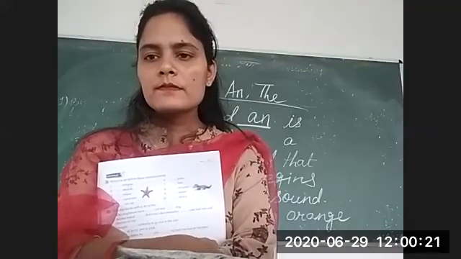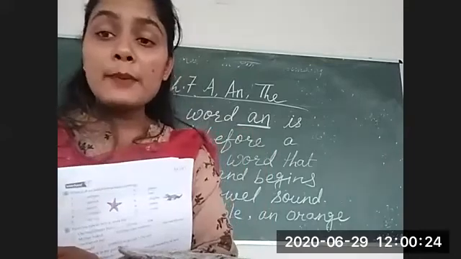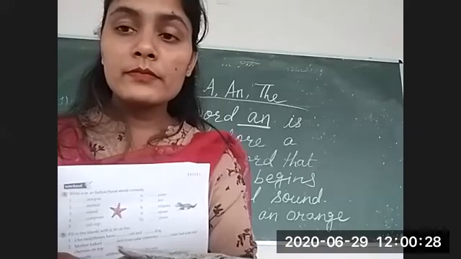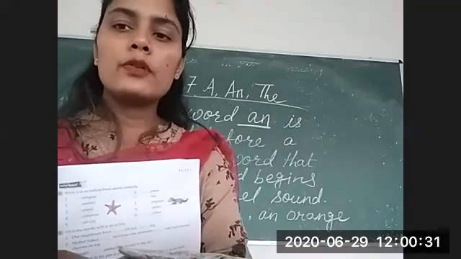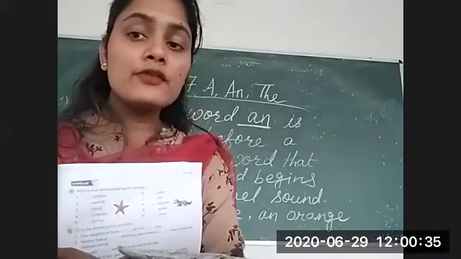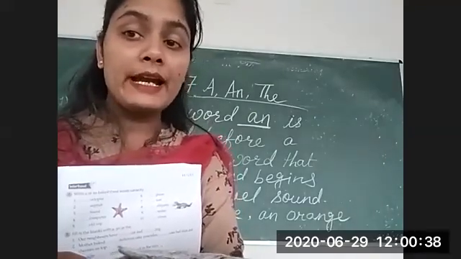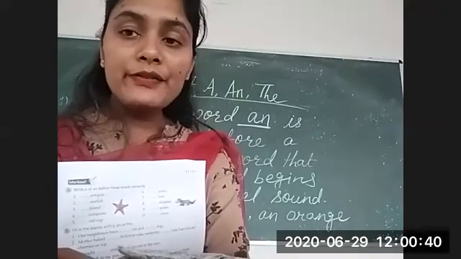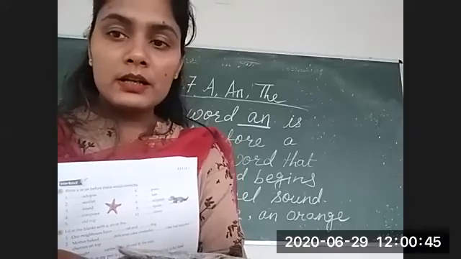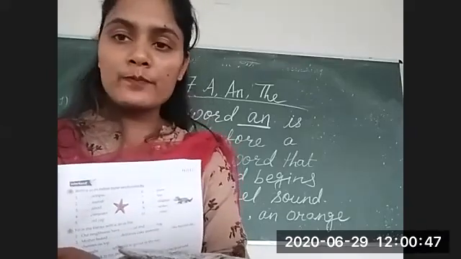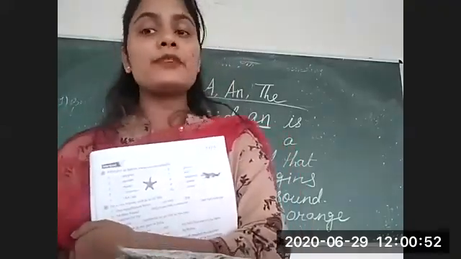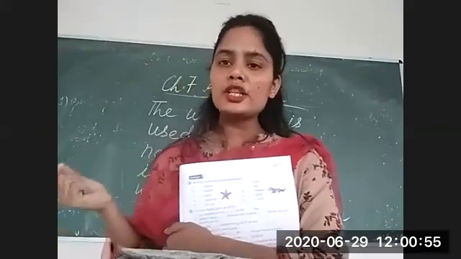Vowel, ma'am. Okay, very good. When you speak elephant, the vowel sound A is coming. The sound A is the vowel sound. So we will use An before it. Okay, children, have you all understood?